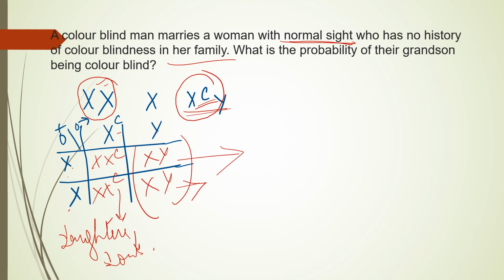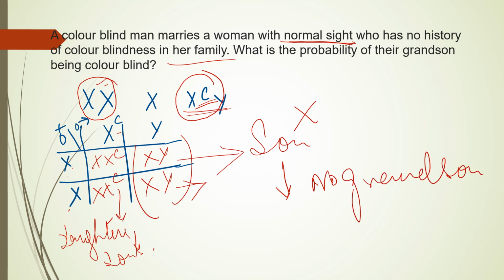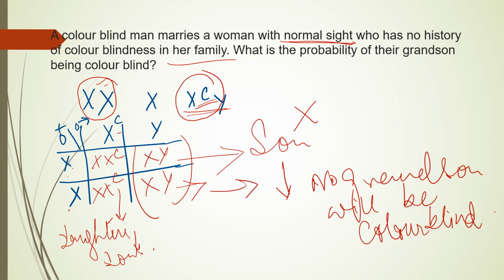Here, there are no chances of the sons being colorblind, so no grandson can ever be colorblind through the son's side.